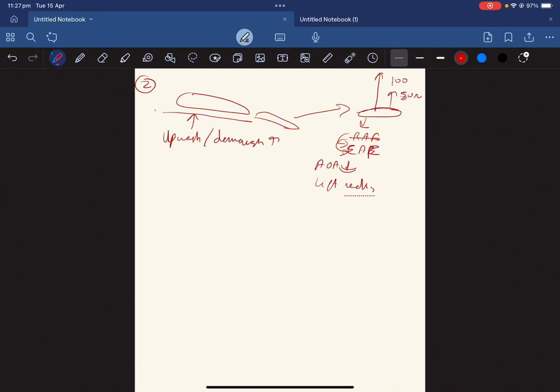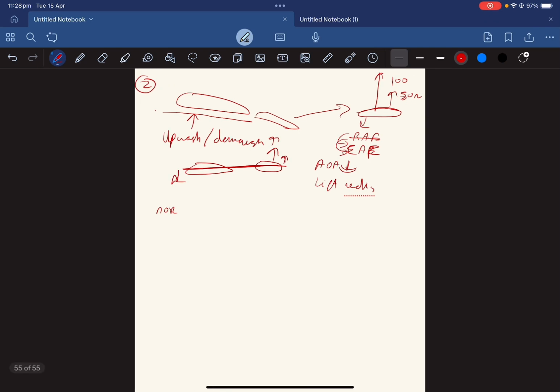Since it has reduced, it's giving you a nose up movement. Imagine the wing here and the elevator here, and think of it as a seesaw. This will tend to move up and this will tend to move down, normally.